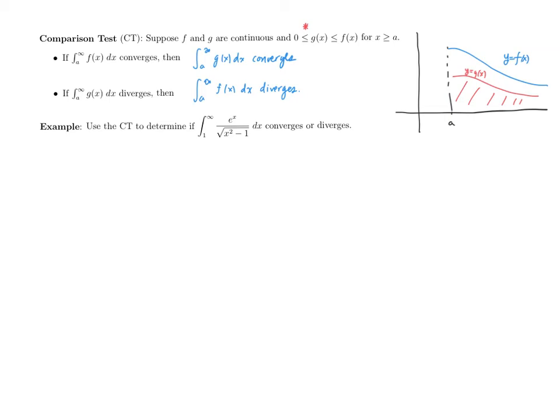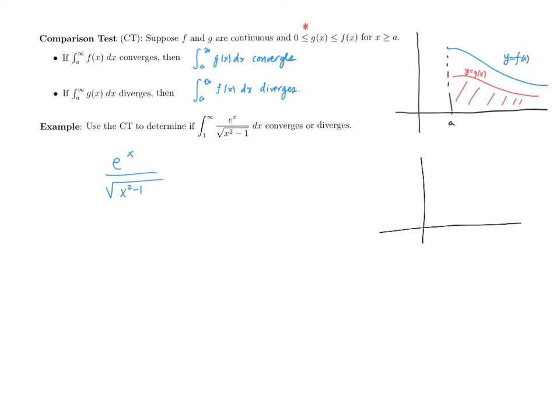So focusing in on this integrand of interest, let's see what observations we can make. If we look at e to the x over the square root of x squared minus 1, what we can observe right away is that e to the x is something that gets really large very quickly.